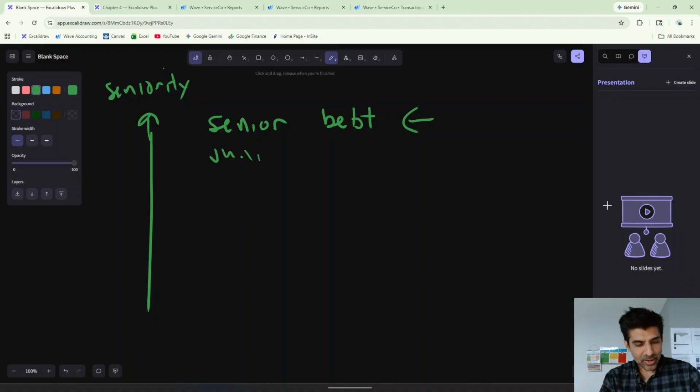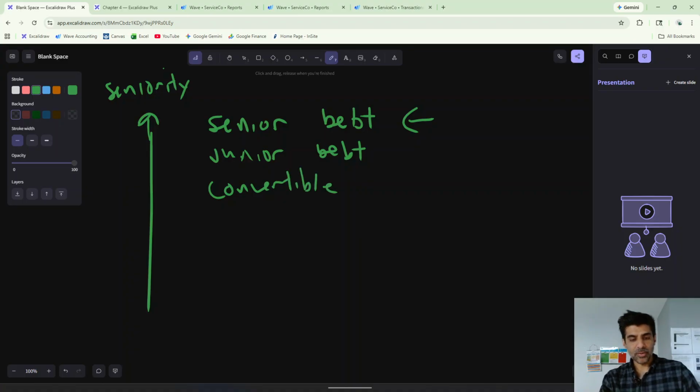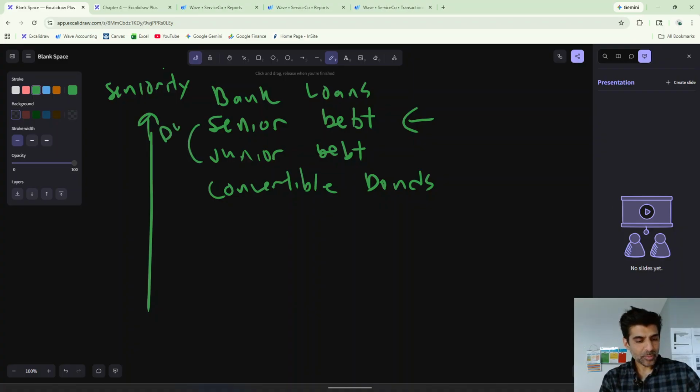There's junior debt, and there's quasi debt, like convertible debt, which is more junior, convertible bonds. You can say also bank loans. They're also going to be senior here. I'm thinking more of these being bonds.